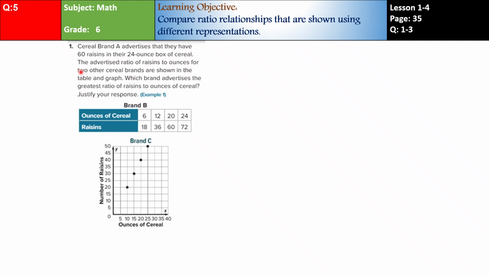So if we look here, it is 60 raisins and 24. Here it is 60 to 20. Here we cannot see the number of raisins 60, it will be somewhere upward. But we can make a pattern from here. At 20 it is 10. So at 60, which is 20 times 3, it will be 10 times 3, which is 30.